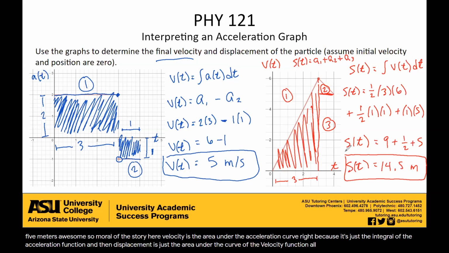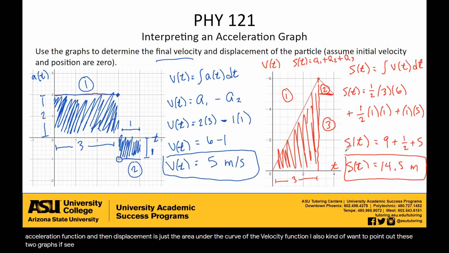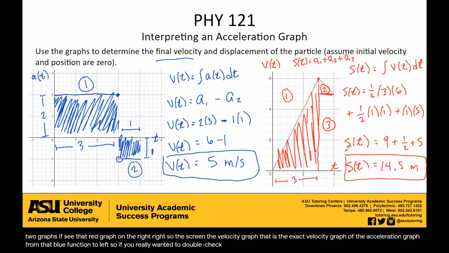I also want to point out these two graphs. That red graph on the right side of the screen, the velocity graph, is the exact velocity graph of the acceleration graph from that blue function to the left. So if you really wanted to double check, you can find the velocity at the end time.